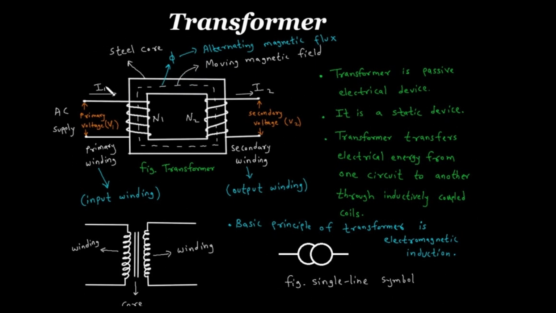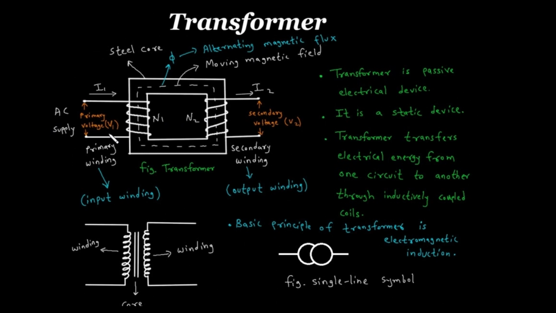Now here, this I1 represents primary current and this I2 represents secondary current. Here this V1 represents primary voltage and this V2 represents secondary voltage. This N1 represents the number of turns at the primary and N2 represents the number of turns at the secondary.